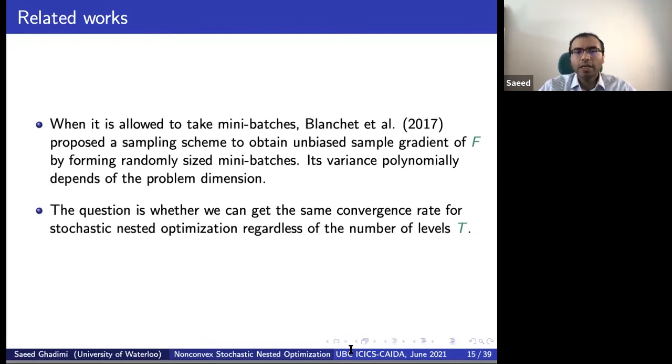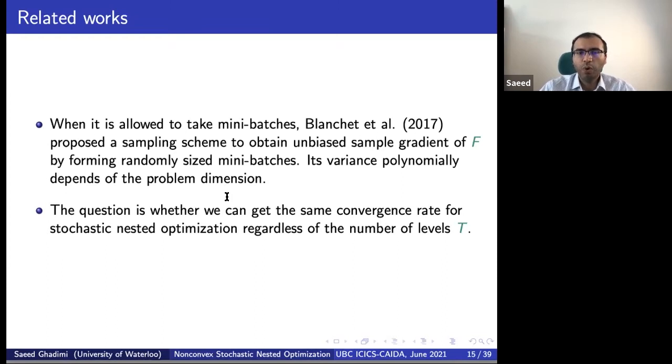So as I mentioned, now the question is: is it possible to get the same convergence rate for this nested optimization problem, regardless of the number of levels or layers, which is denoted by t in our notation here? If t is 1, then we have a classical stochastic optimization.